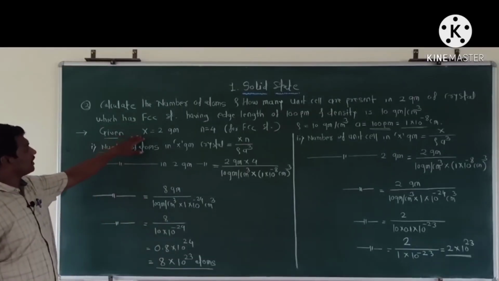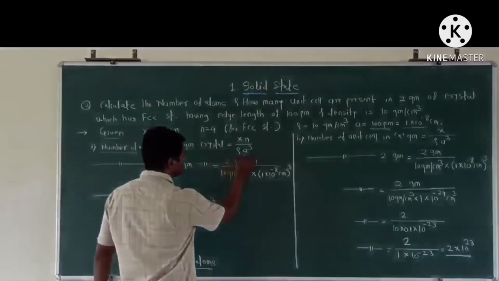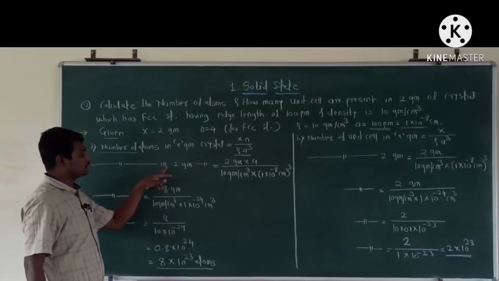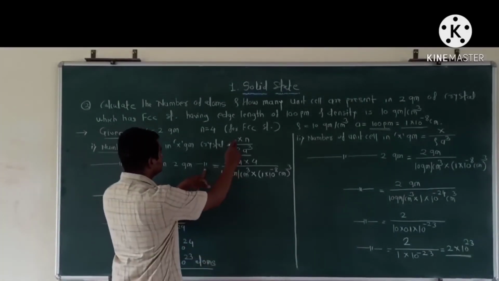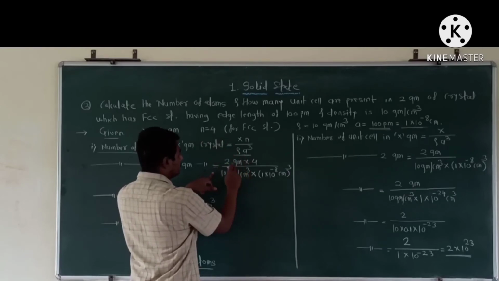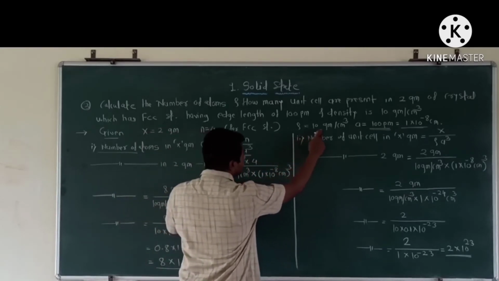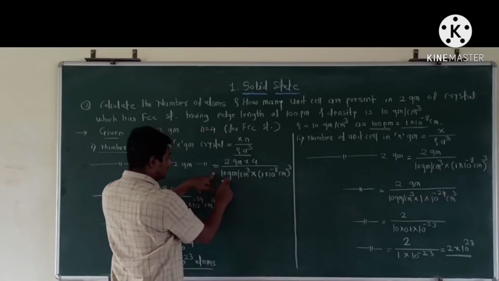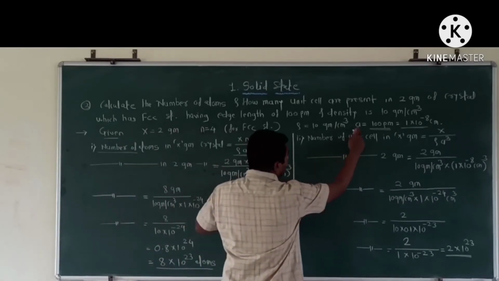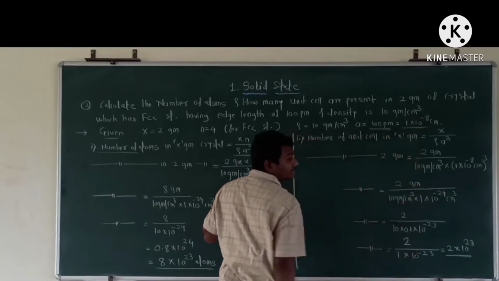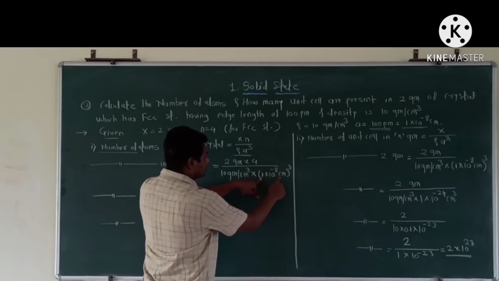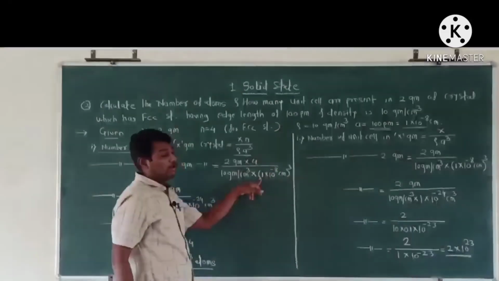Now put the given values in this equation: number of atoms in 2 gram is equal to x is 2 gram into 4, that is n is equal to 4, divided by density, 10 gram per centimeter cube, and a cube, edge length 1 into 10 raised to minus 8 centimeter, cubed.